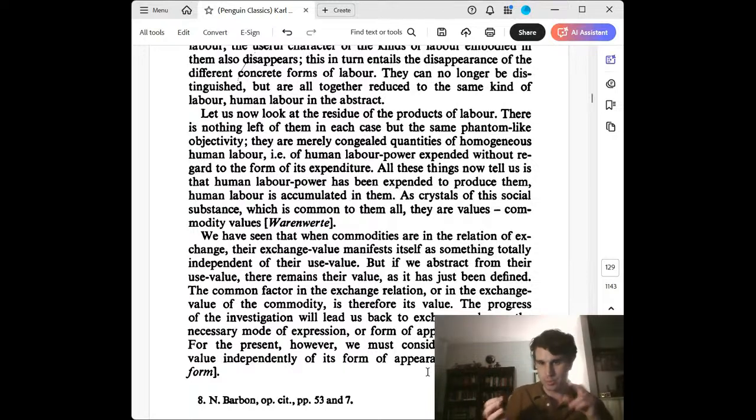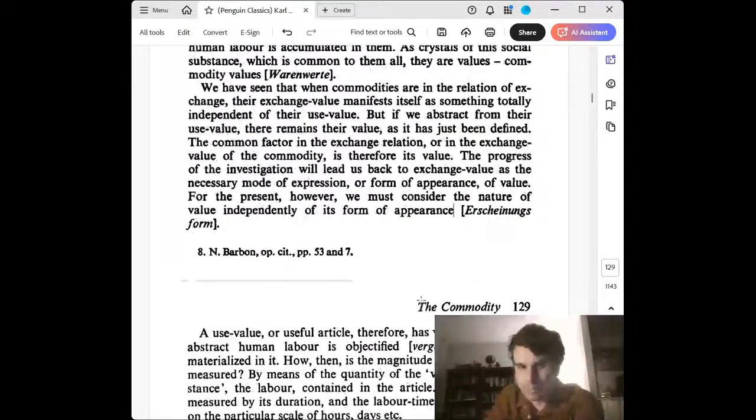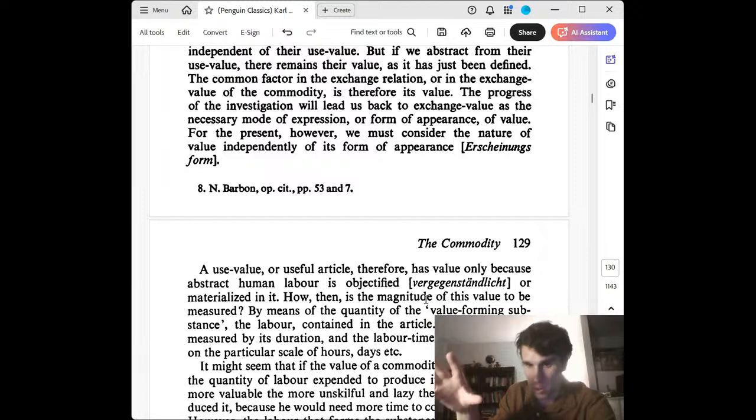When I take the two boots and trade them and say these are equal to 1,000 pencils, the 1,000 pencils is the form of appearance that value takes. But it's not the value itself. The value is the real thing that's expressed in terms of 1,000 pencils or a bag, right? So value, mode of expression.